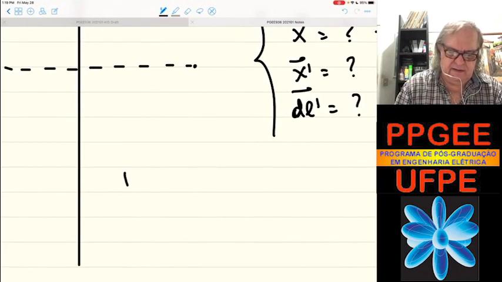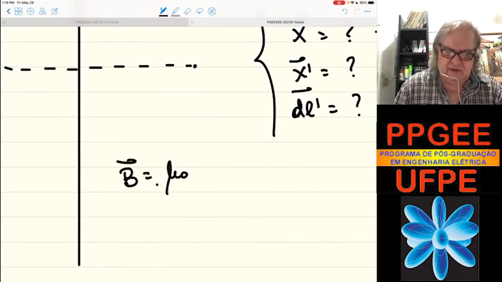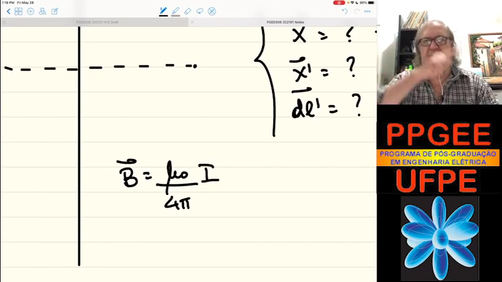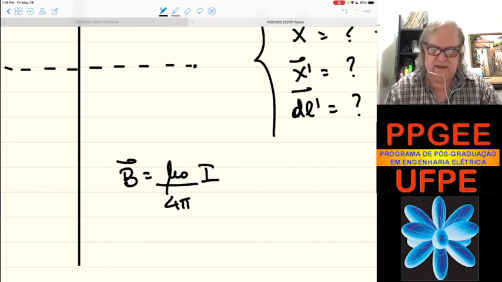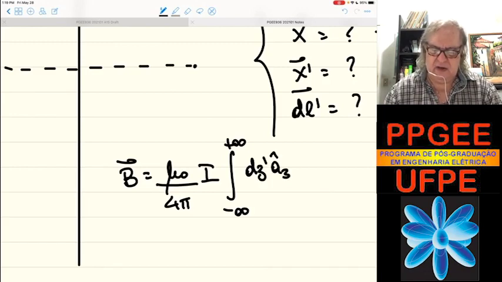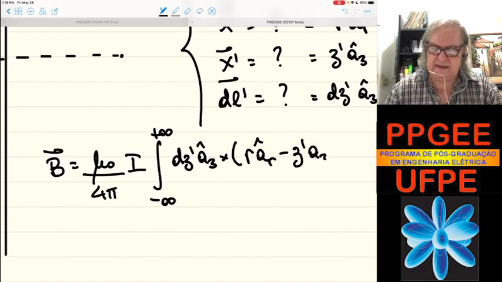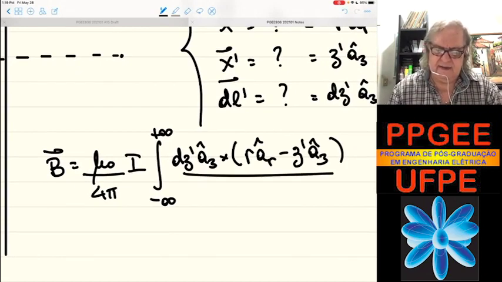So let's do the calculation. We have B equals mu0 over 4 pi I. I'm just removing everything from the integral. The integral on a closed loop is like minus infinity to infinity of dl prime, which is dz prime a_z, cross x, which is the location r a_r, minus x prime, which is z prime a_z, divided by the magnitude of r a_r minus z prime a_z, cubed.